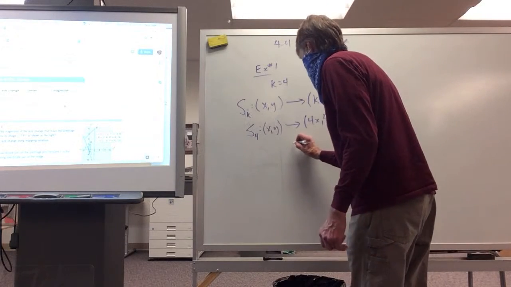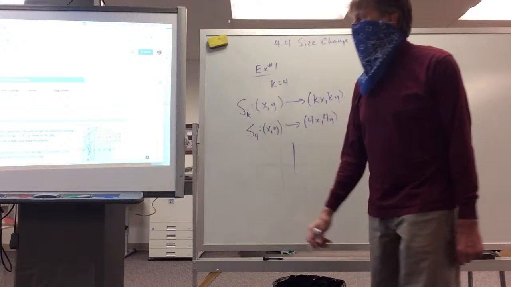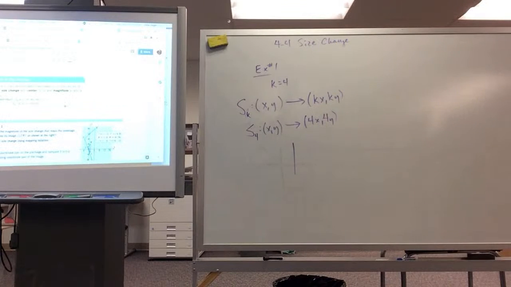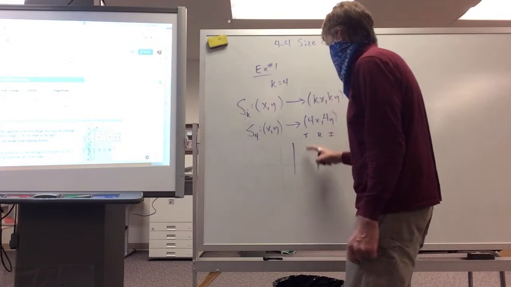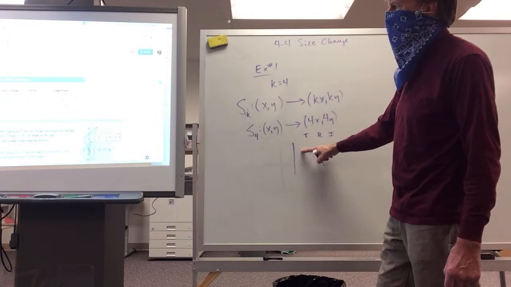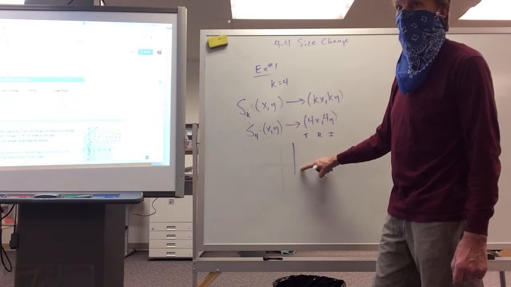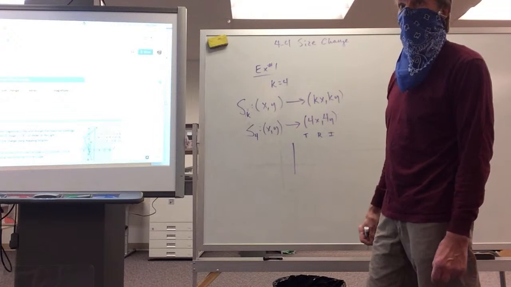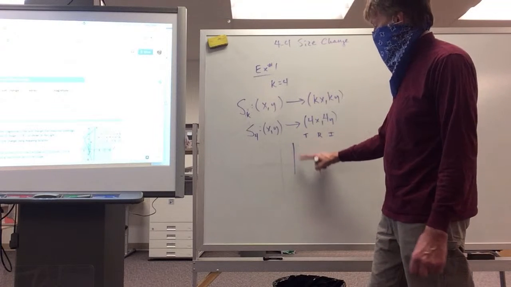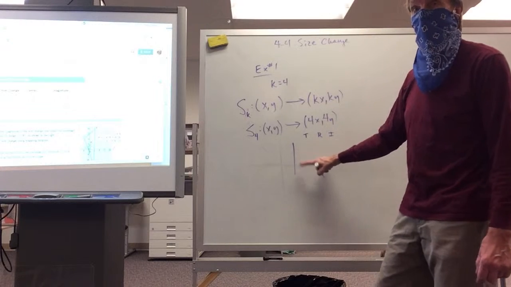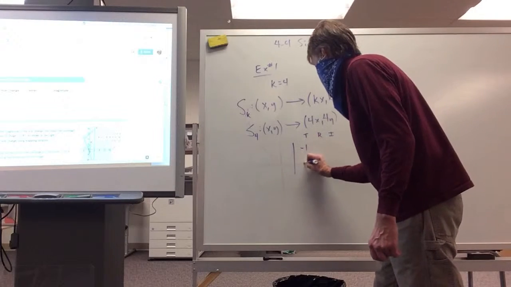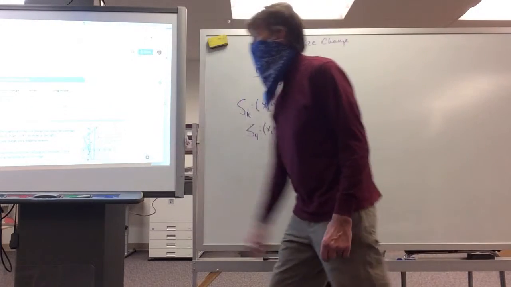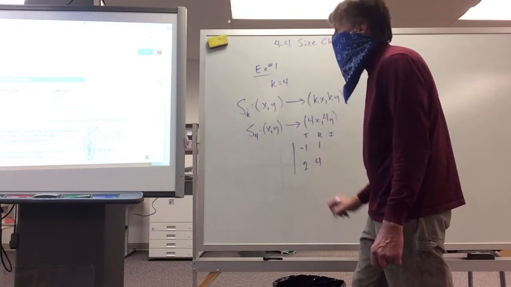So let's write a matrix for this triangle TRI. So we'll put T and then R and then I here. So the ordered pair of T is going to be these two numbers. What are the x and the y values for T? Negative 1 and 2. And then the x and the y for R is 1 and 4.